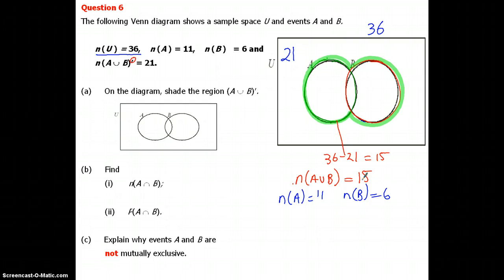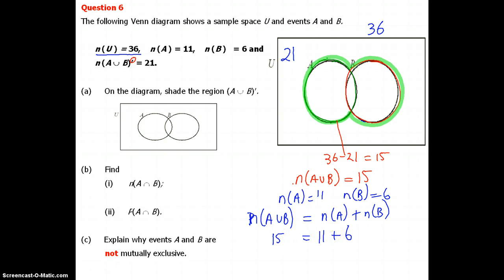Okay, so if we have a look at the number in A union B, does that equal the number in A plus the number in B? Well, let's try that. Number in A union B, as we figured out before, is 15. So we got 15. The number in A is 11, so we got 11 plus 6 here. Obviously, we've got 17 minus 15. That tells us that we have non-mutually exclusive sets.